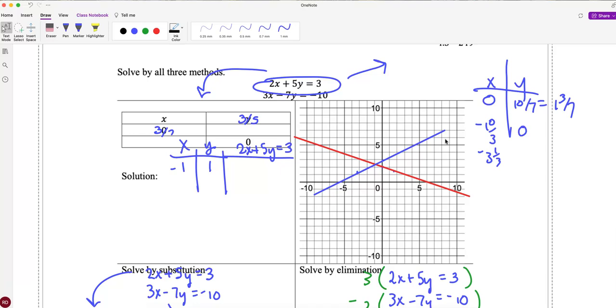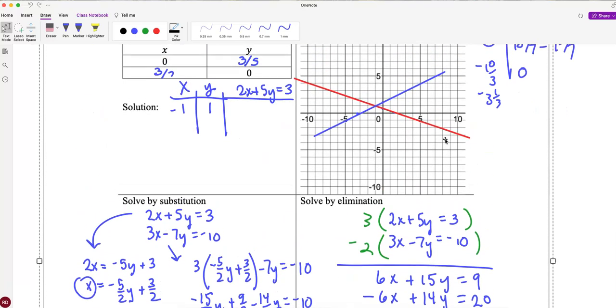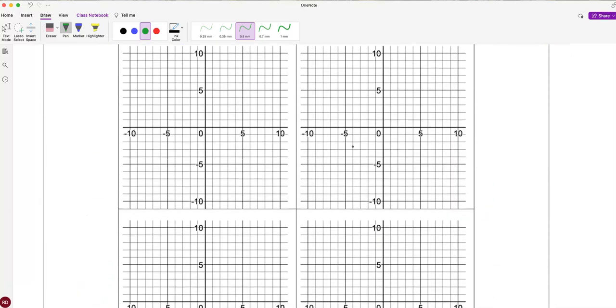I didn't mean for that guy to move around. There we go. So all of that work, and the answer is negative 1, 1. So I avoided a whole lot of algebra, but I had to go to a lot of detail to get the answer. So you can see why we do prefer the algebraic methods.